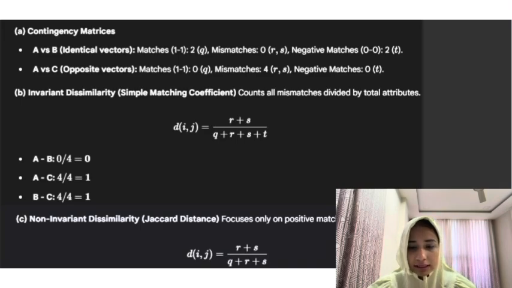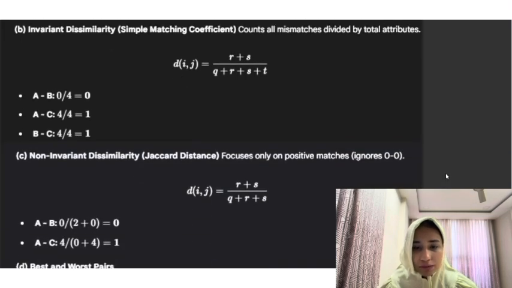Similarly, for A versus C, they are opposite vectors. So matches are 0, mismatches are 4 and negative matches are 0. So this is obtained on the vector which we have constructed on the basis of the question we have given. So these are the contingency matrices.